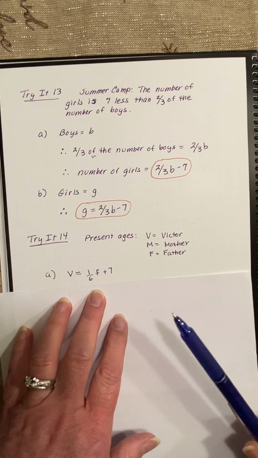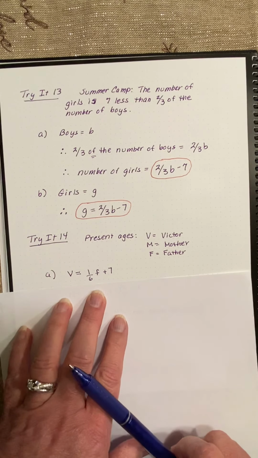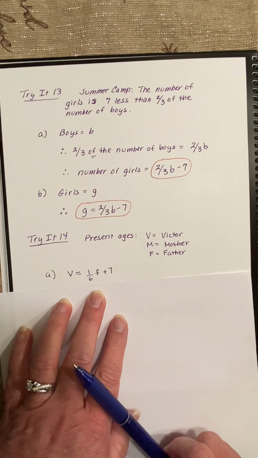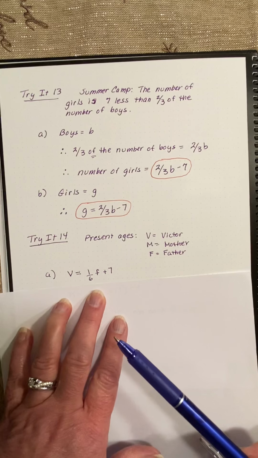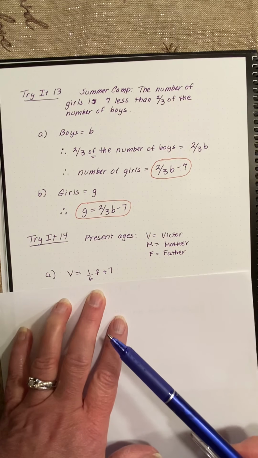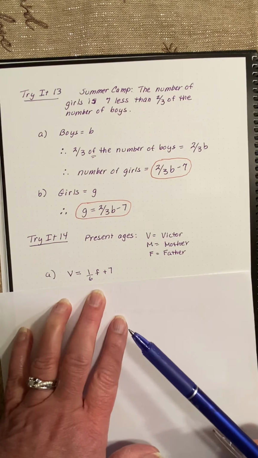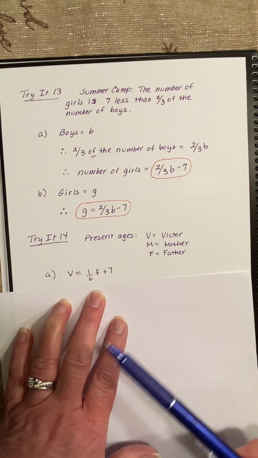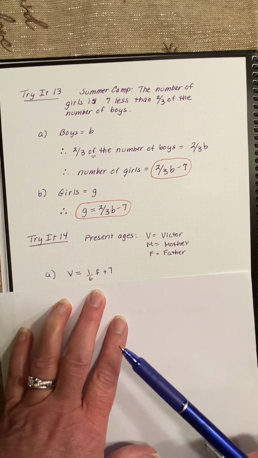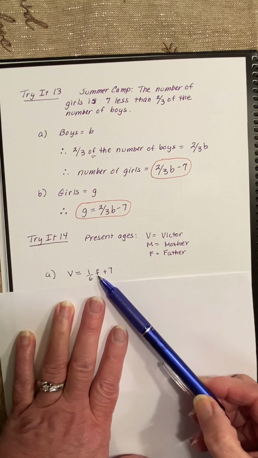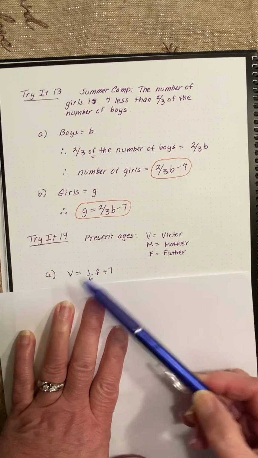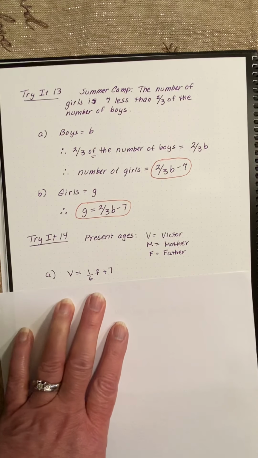If we go back to the sentence, it says he's 7 years more, which is adding, than 1/6 of his father's age this year. So 1/6 times F, and we're going to add 7 years to 1/6 of his father's age. So 1/6 of the father's age plus 7 more equals Victor's age.